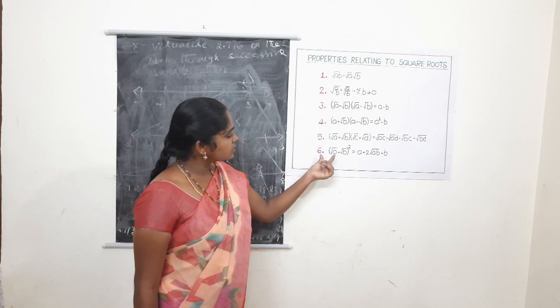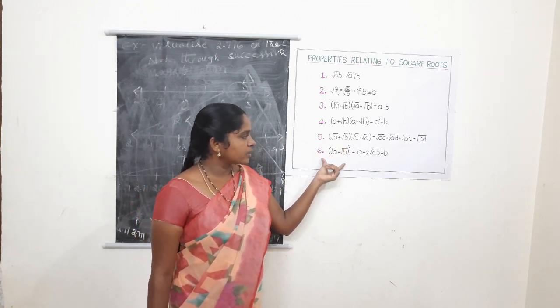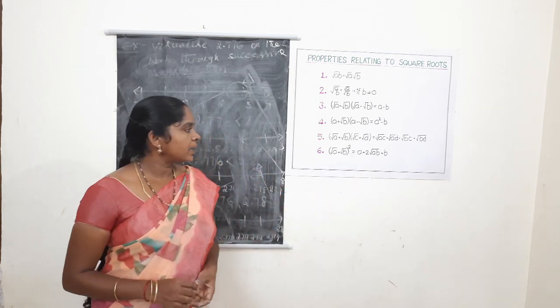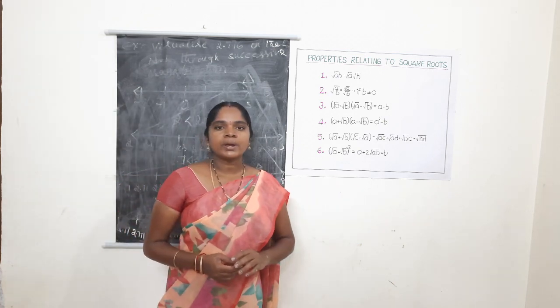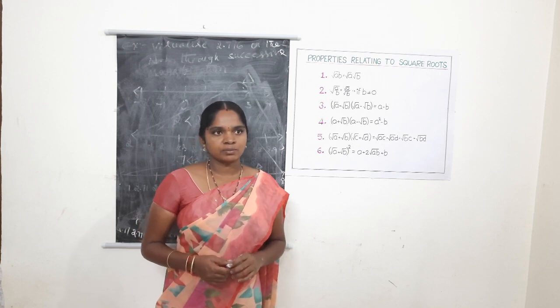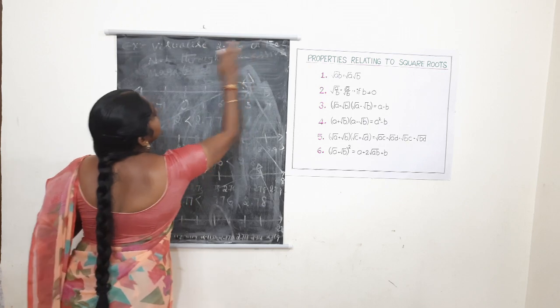Sixth property, square root of A plus B whole square equal to A plus 2 root AB plus B. This property is very useful to solve the related problems. Now solve some problems.